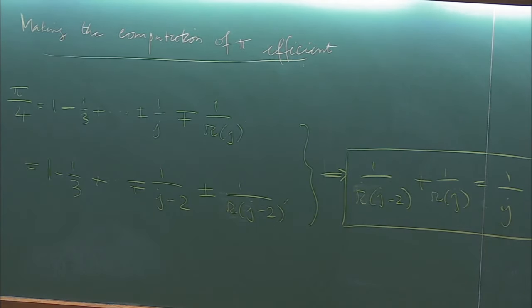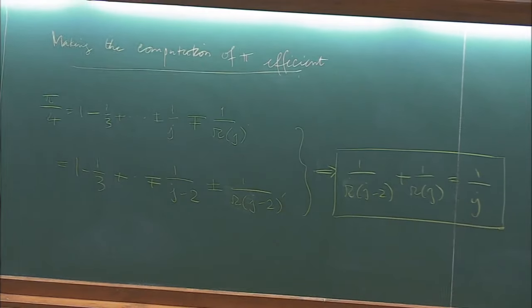At this point, there is a nice little aside in Yukti Bhasha about what this means in terms of the notion of a function, because R depends on J, and J is an arbitrary positive odd integer.